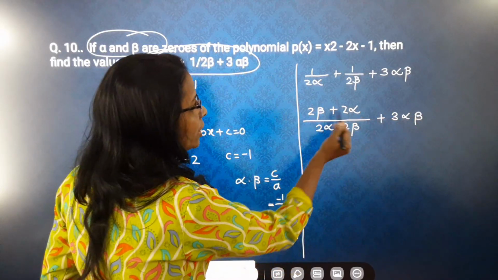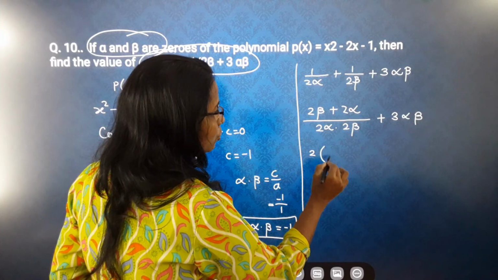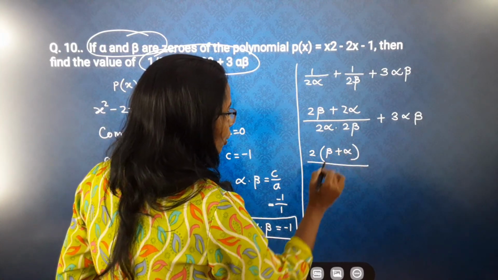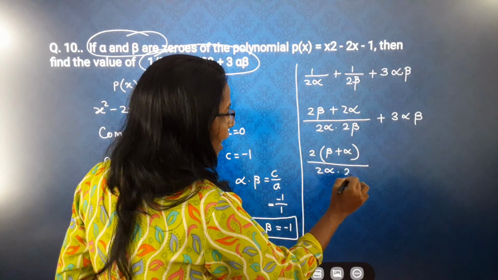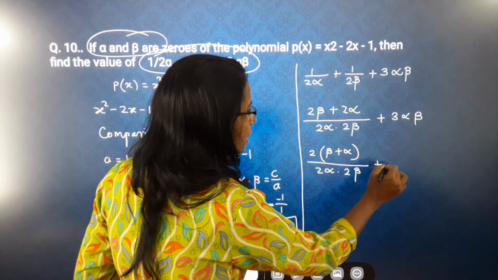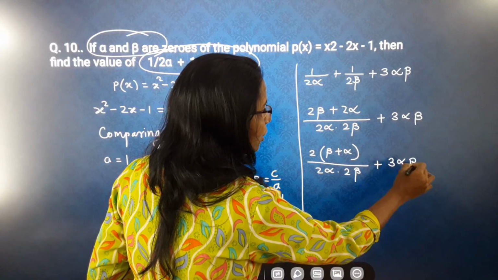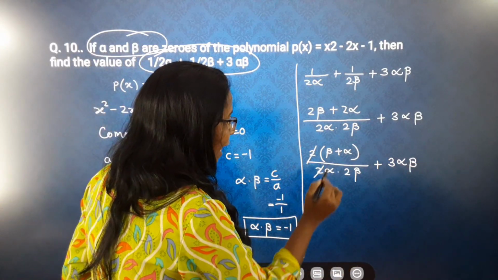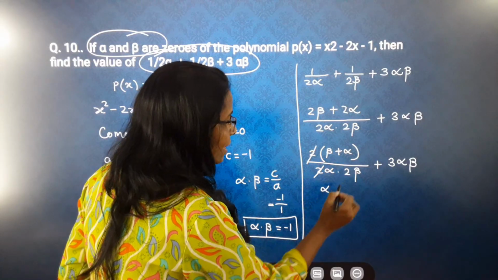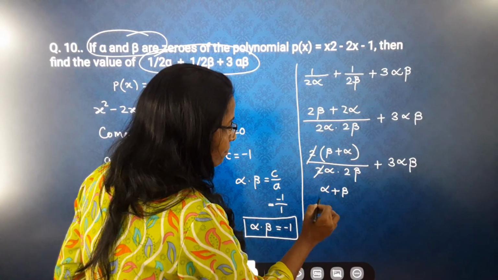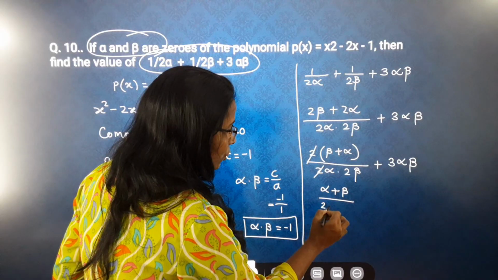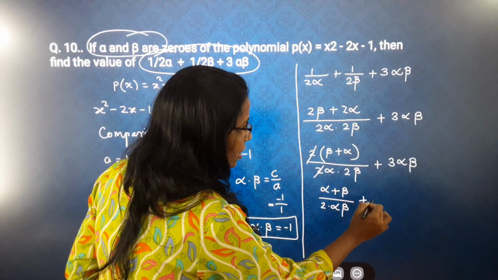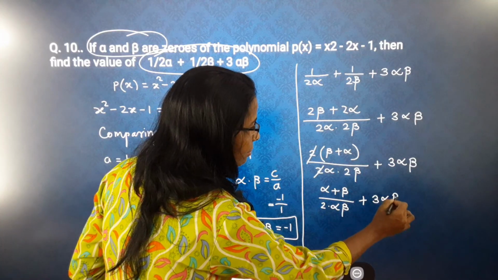Taking 2 common from the numerator, we have 2 times beta plus alpha, and in the denominator 2 alpha multiplied by 2 beta plus 3 alpha beta. Now, students, the 2 gets cancelled, and beta plus alpha means alpha plus beta, over 2 multiplied by alpha beta, plus 3 alpha beta.